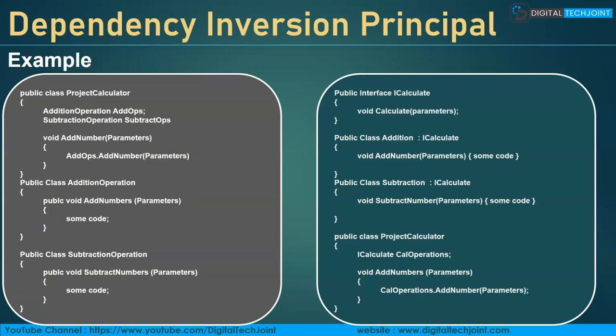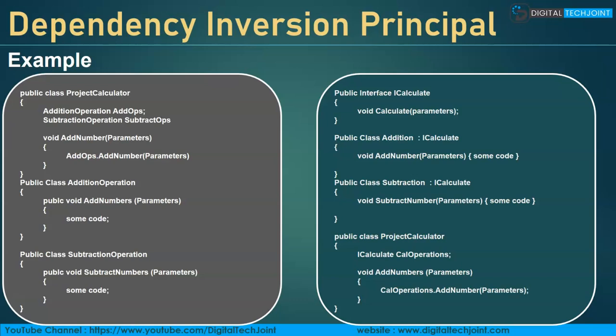If you look at the right hand side, you see there's a class called project calculator, and it implements methods called add operation and subtract operation, which are two other classes, and then it performs the operation as per the requirement. Now if you look at this class, there are two instances created in the project calculator.